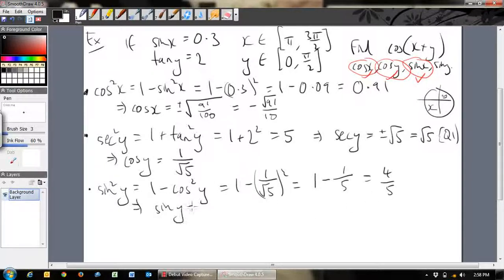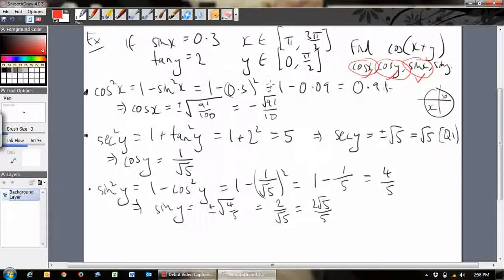Therefore sine y is equal to plus or minus the square root of 4 on 5. Y was in the first quadrant, so sine y is positive, and our number is 2 over root 5, which simplifies to 2 root 5 over 5.